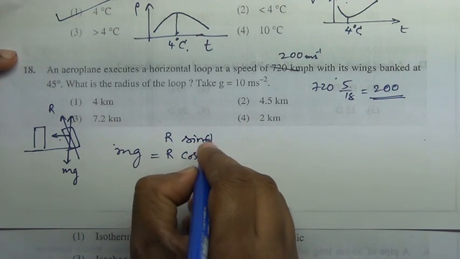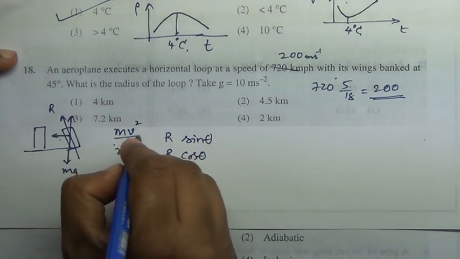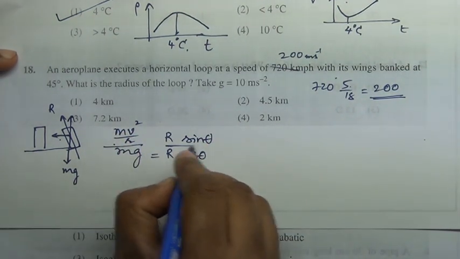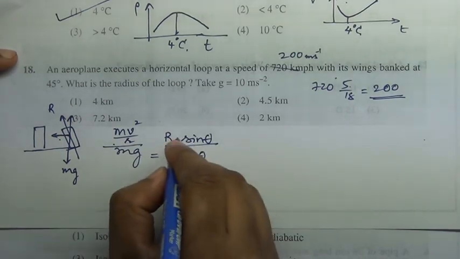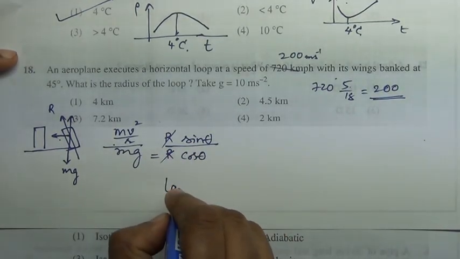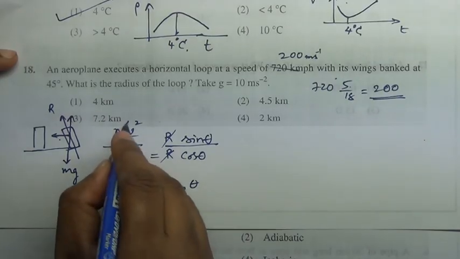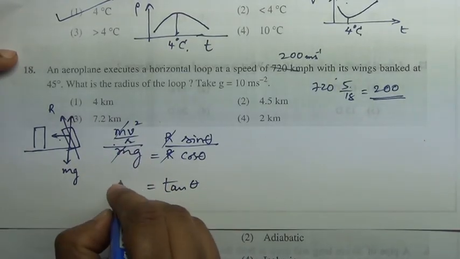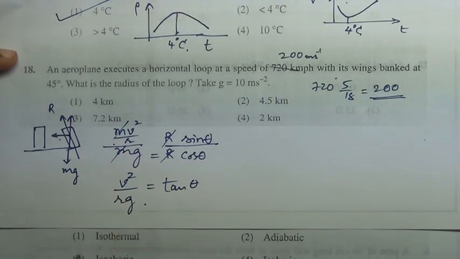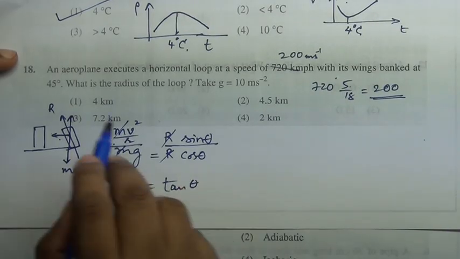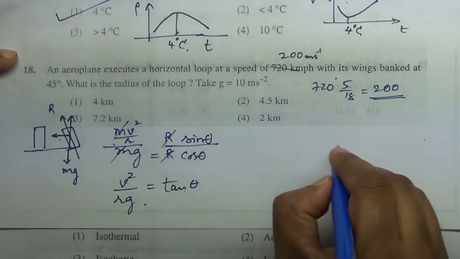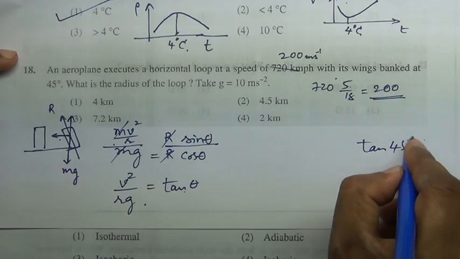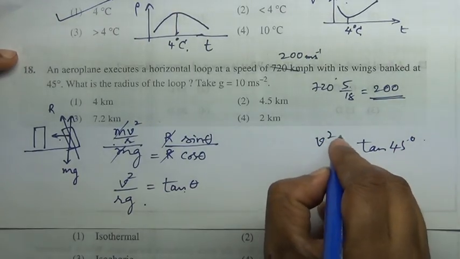R sin theta equal to mv square by r. Divide both sides, R and m get cancelled, tan theta equal to v square by rg. This is tan 45. Tan 45 is 1 equal to v square by rg.